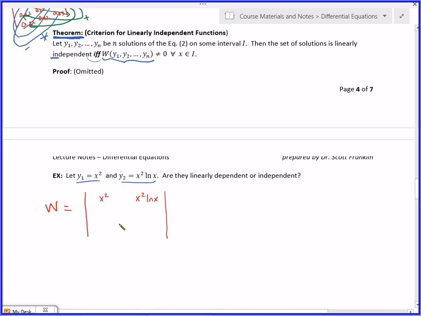Wronski. The second row is going to be the first derivatives of those functions. So directly beneath the x squared, put 2x. And beneath the x squared log of x, you put the derivative of that, which we learned was x plus 2x natural log of x.